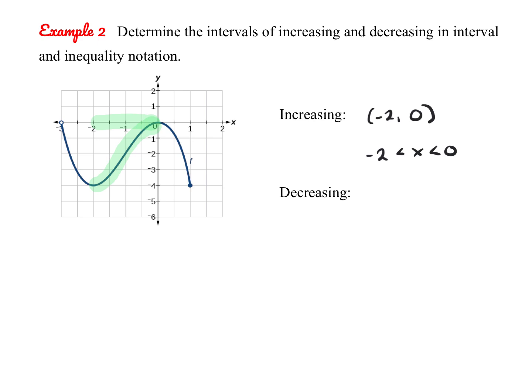Now I see that my graph is decreasing in 2 different points, here and here, because if I trace my graph, my pencil would be going down. But again, I want to describe it in terms of the x values where that's happening. And I'm also going to exclude endpoints. I will not include endpoints in increasing or decreasing. So this is happening from x equals -3 to x equals -2.